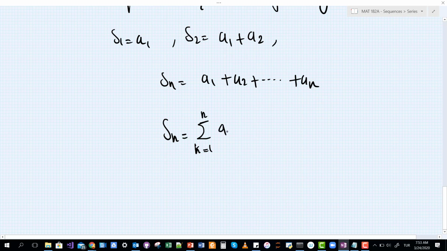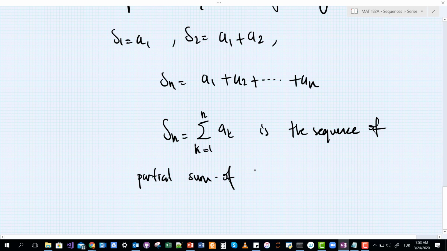This is the sequence of partial sums of the series.